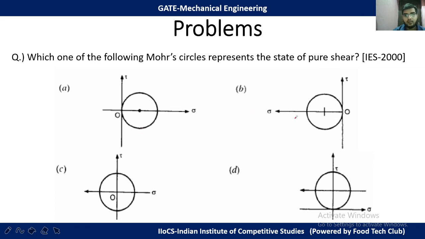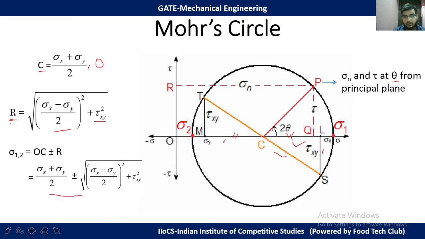When sigma x and sigma y are both 0, the center C will lie at O. At O we can draw tau upward and downward, and then draw a circle from O to this distance.